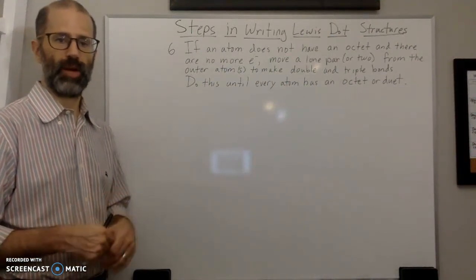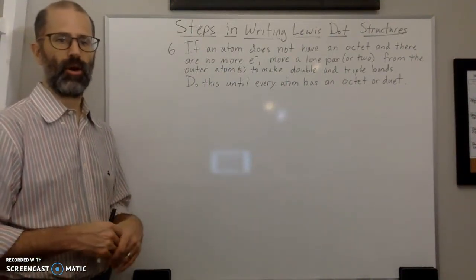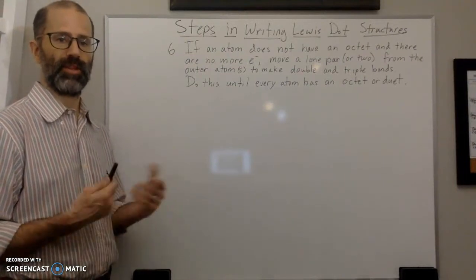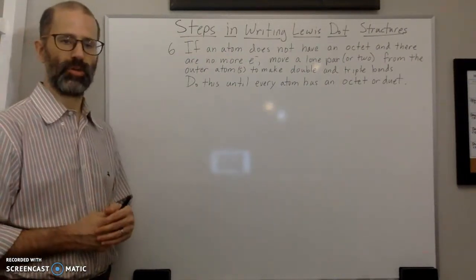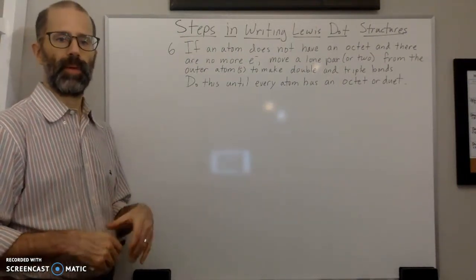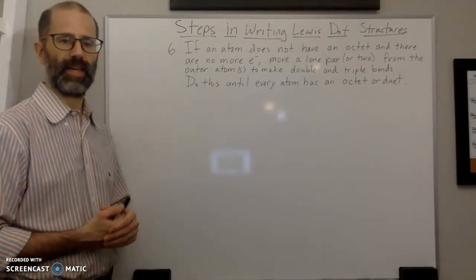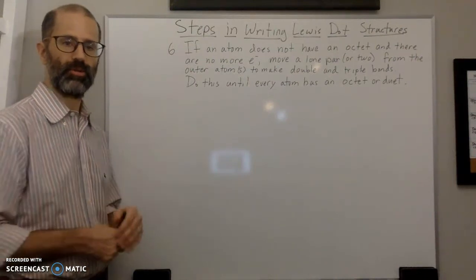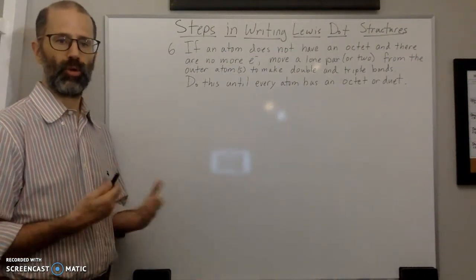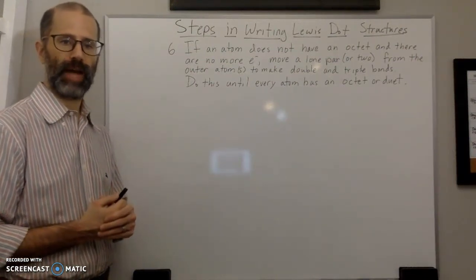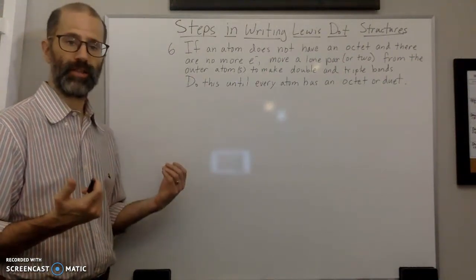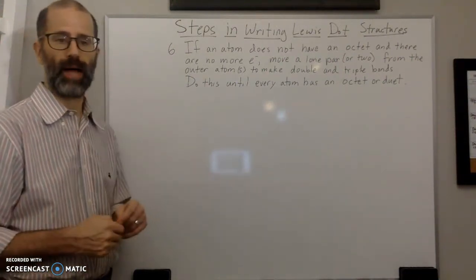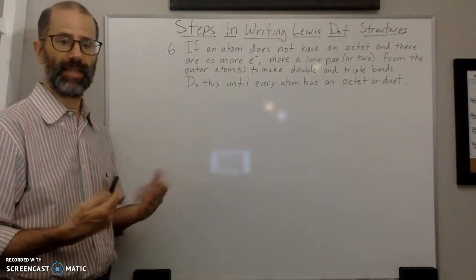There are exceptions where you don't need an octet, but those are exceptions we'll talk about later. But let's say that it does need an octet, but in your Lewis dot structure, you still don't have an octet for this particular atom. You have no more electrons, so you can't put a lone pair onto it to give it an octet.